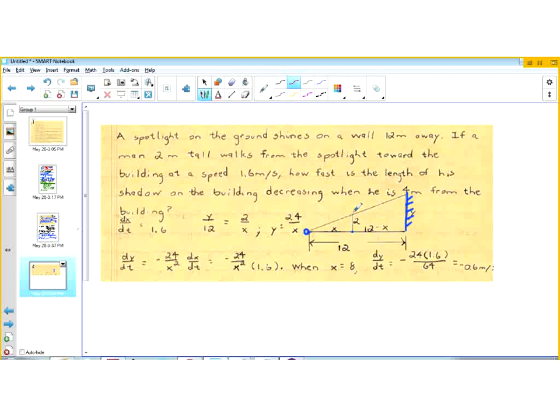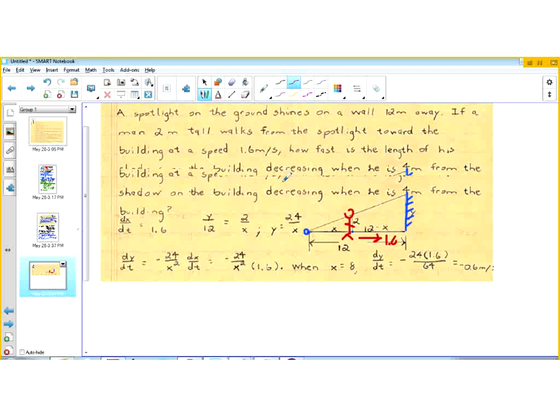A man 2 meters tall, here's the guy right here, a little stick figure, walks away from the spotlight toward the wall at a speed of 1.6 meters per second. So he's walking in this direction at 1.6 meters per second. How fast is the length of his shadow on the building decreasing when he is 4 meters from the building?